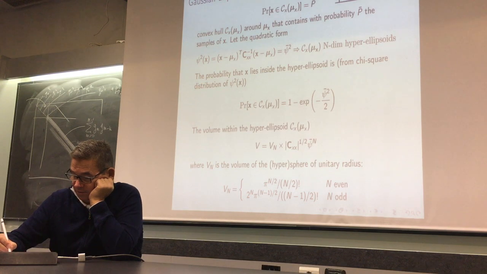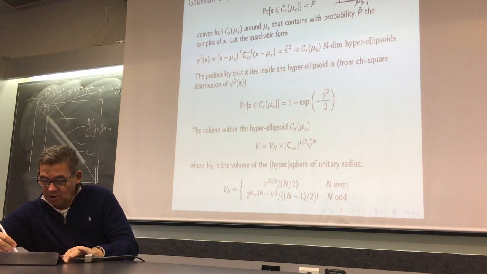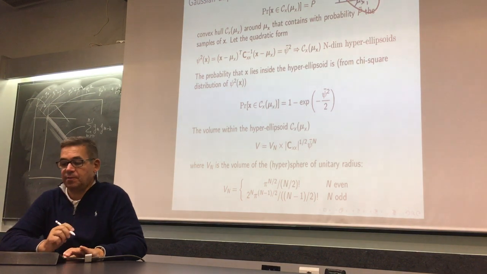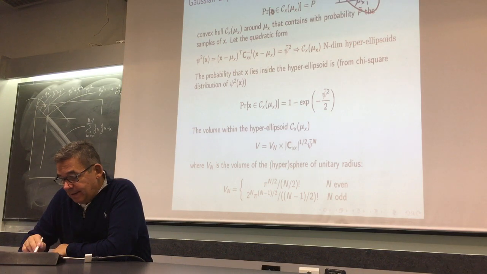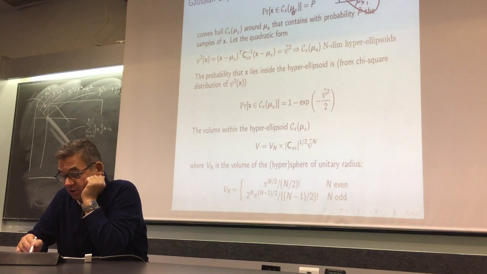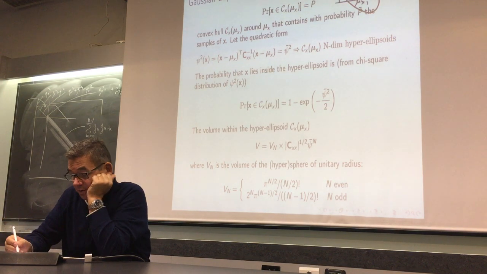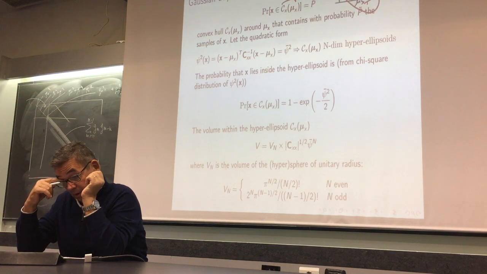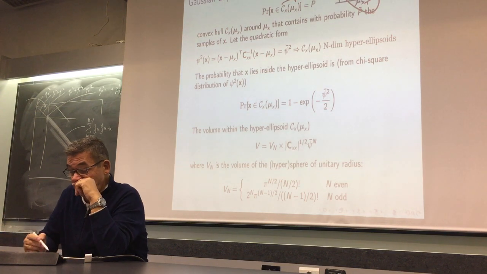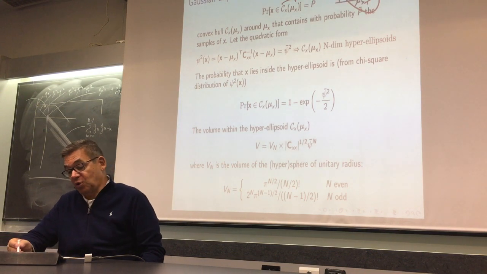The mean is here, mu x1, mu x2, and then this convex hull is this ellipse. So the question is: what is the probability that any x randomly picked, any value I take, belongs to this convex hull, so it stays inside of that?